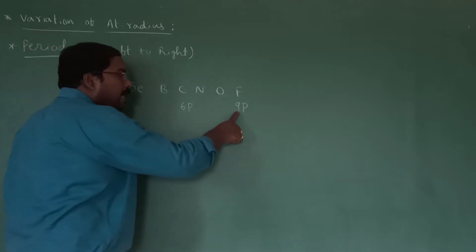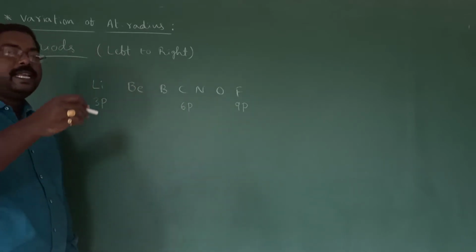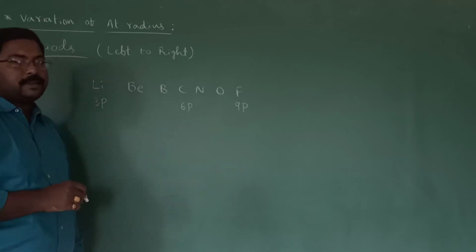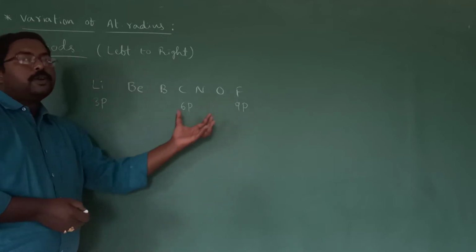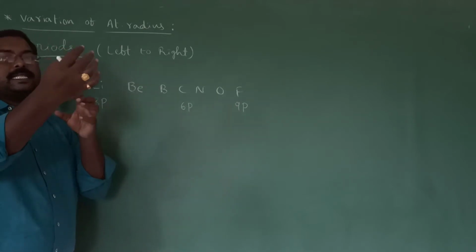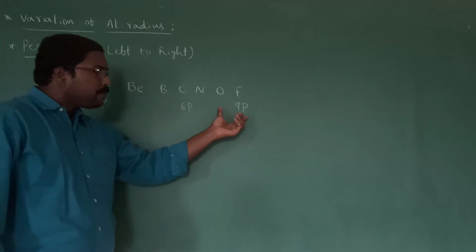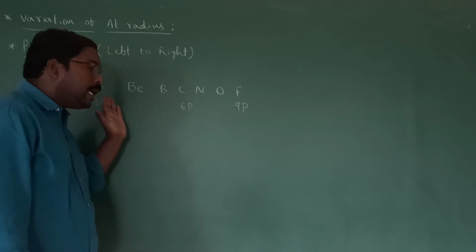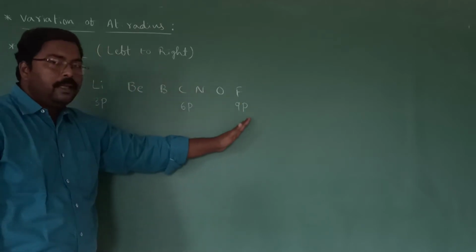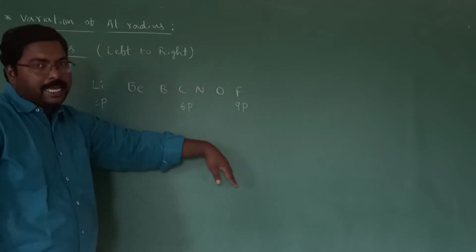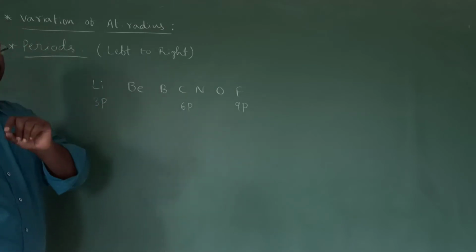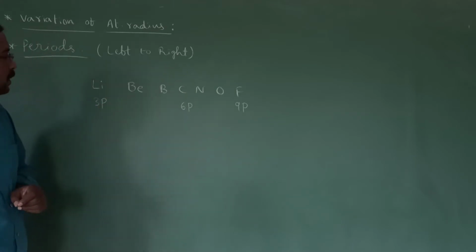So as the nuclear charge increases, atomic radius decreases, because increasing nuclear charge attracts the electron cloud very strongly towards it. That is why in a period, as we move from left to right, atomic radius decreases. The reason is that the nuclear charge increases.